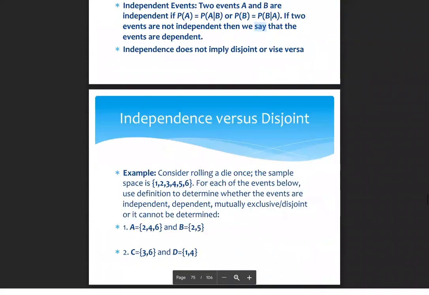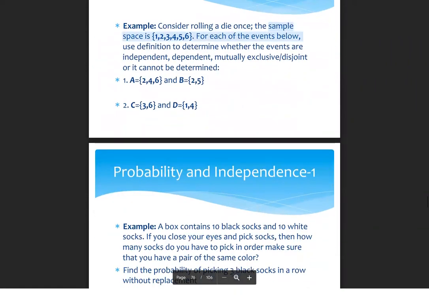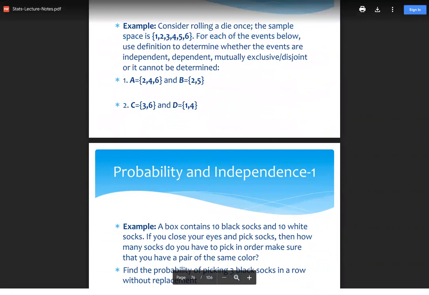All right, independence versus disjoint. So here is an example. I enjoy giving this example to the students. Let me write it down on the side.